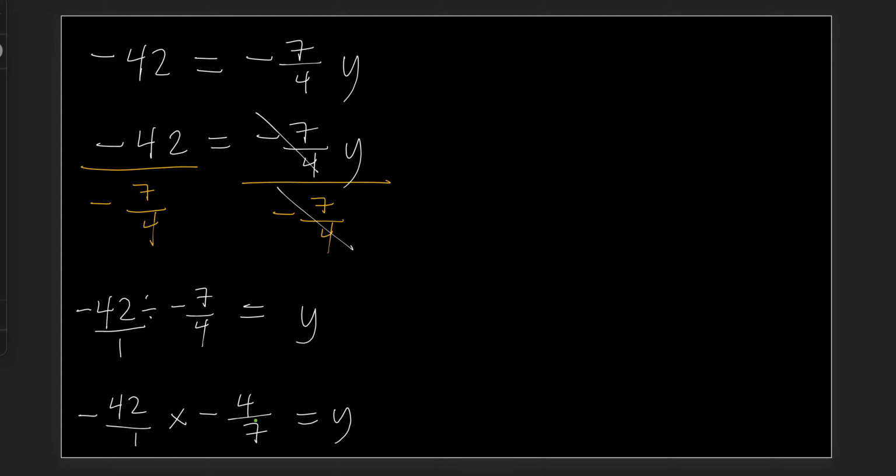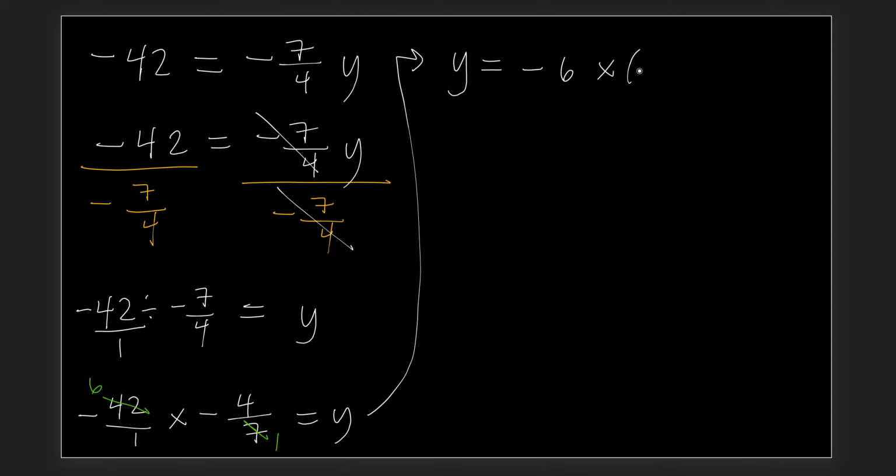Sometimes you still do, but 7 goes into 7 one time, 7 goes into 42 6 times. So then we can multiply straight across. I'm bringing this right up here. I'm going to put y equals on this side. Same thing. So we have negative 6 times negative 4, which you can see that's going to be positive 24. So y equals 24.